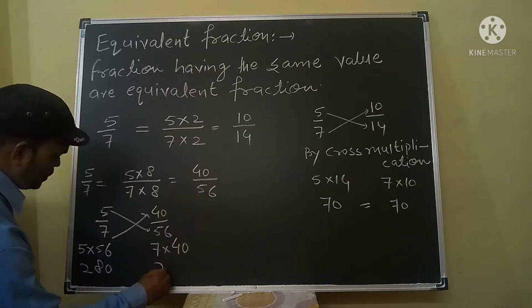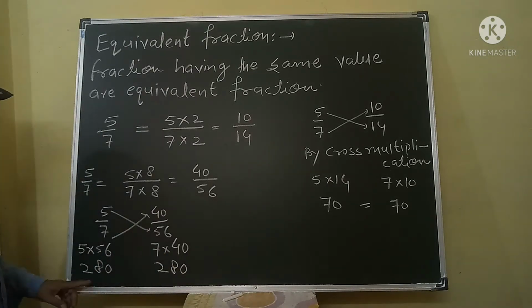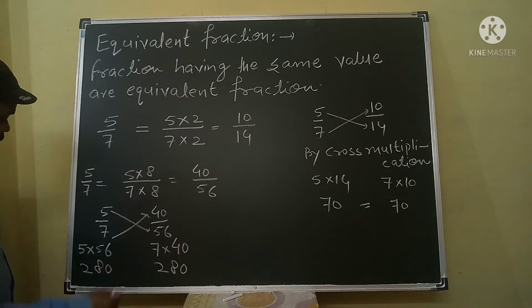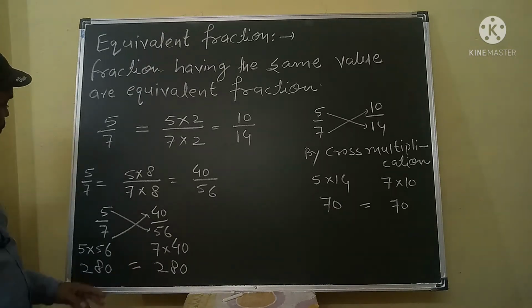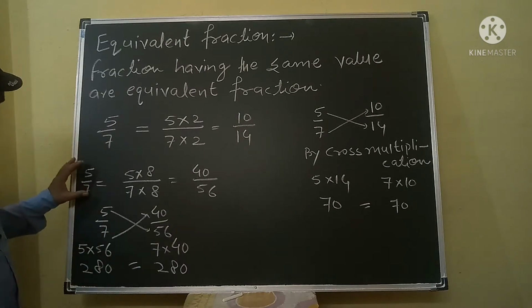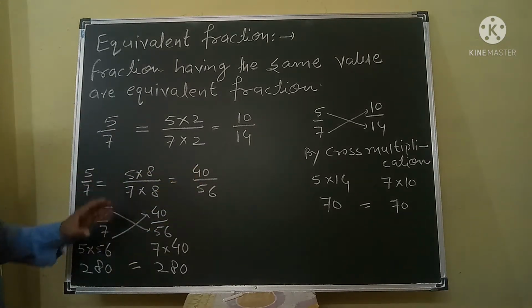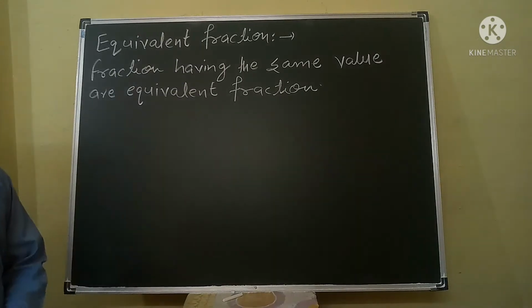And 7 times 40 is 280. As you are looking, this is 280 and this is 280. That means 280 is equal to 280. That means 5 upon 7 and 40 upon 56, these two fractions are equivalent fractions.